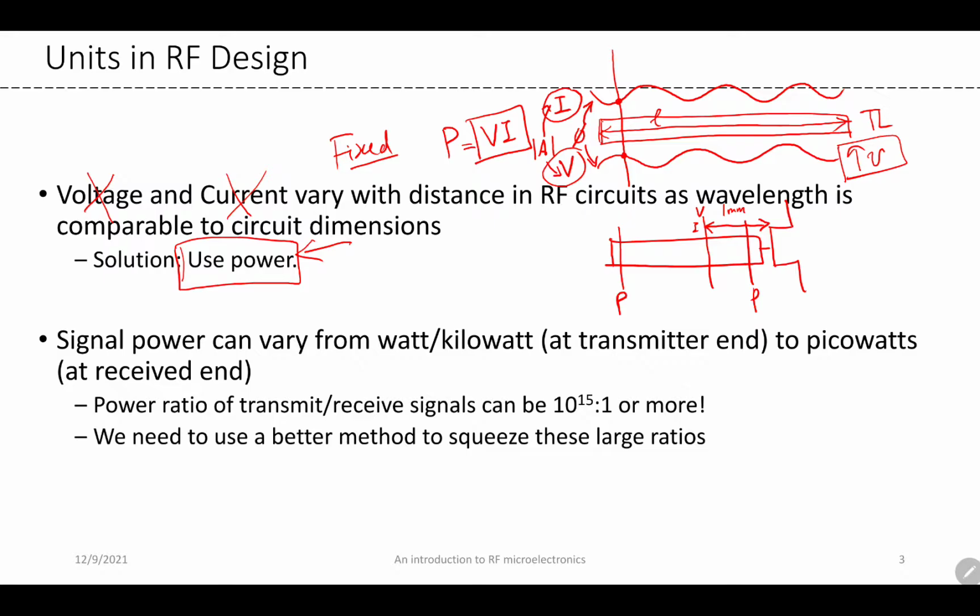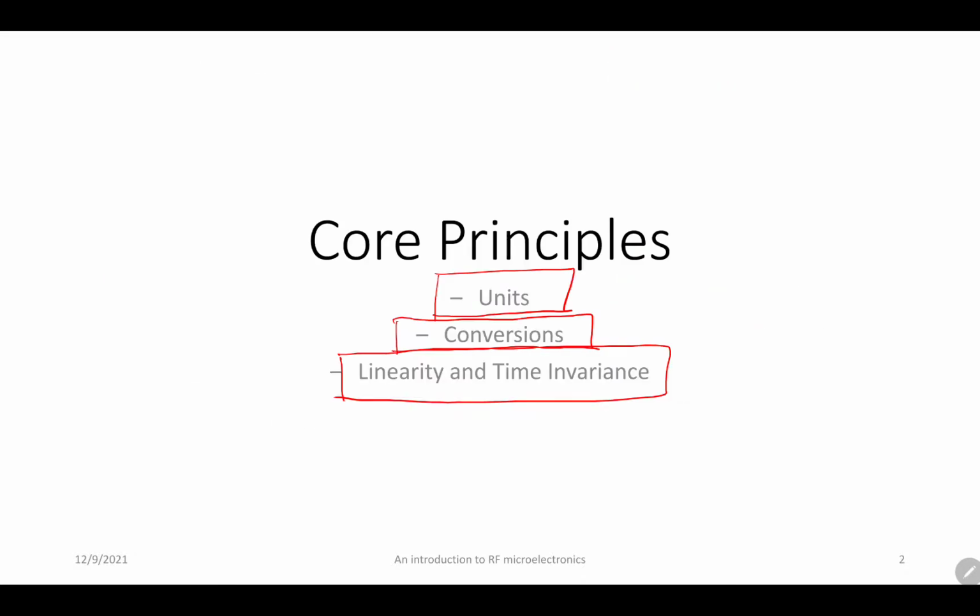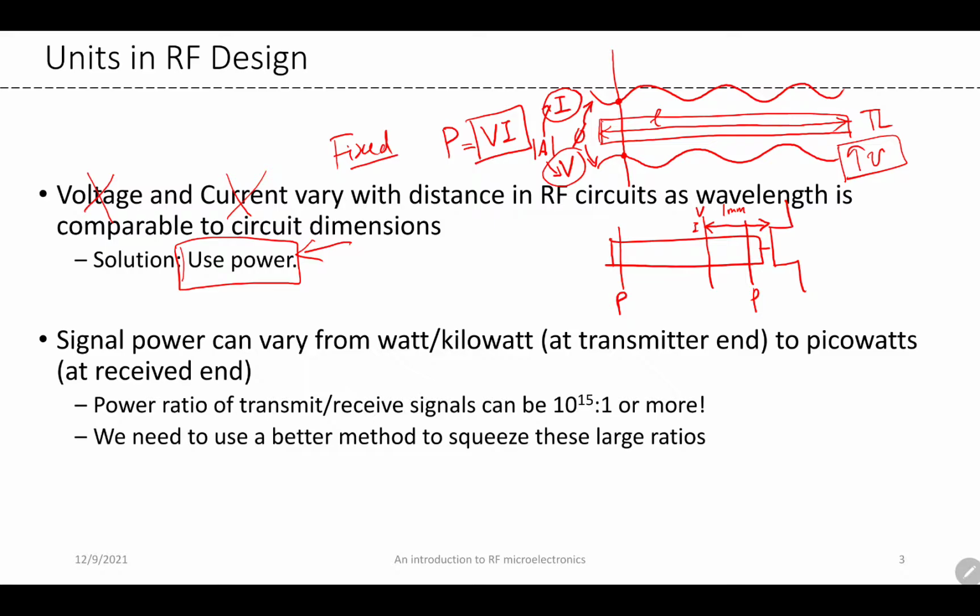Point number two is that if you have an RF system, say you have a transmitter and a receiver, and there's a certain transmission between the two, there is a lot of attenuation. For example, if you have air as a medium and the signal is being transmitted through air, you'll see a lot of attenuation.